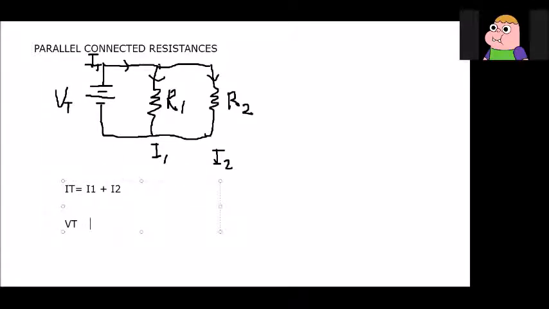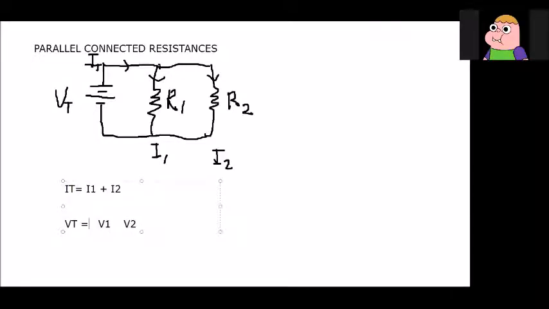But there's going to be another voltage V1 that will result whenever I1 passes through resistance 1. And there will be another voltage V sub 2 that will also result whenever current passes through R2.